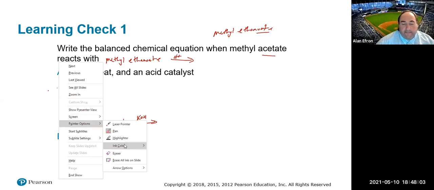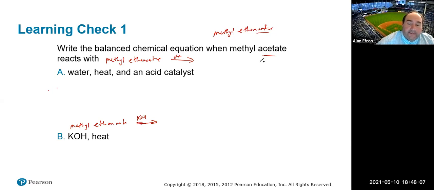Again, a reminder: methyl acetate comes from acetic acid, and remember, acetic acid really is ethanoic acid. That's a very common name that we talked about the other time; they're used interchangeably a lot. So with methyl ethanoate, we see the "oate," which tells us we are definitely starting with the ester.